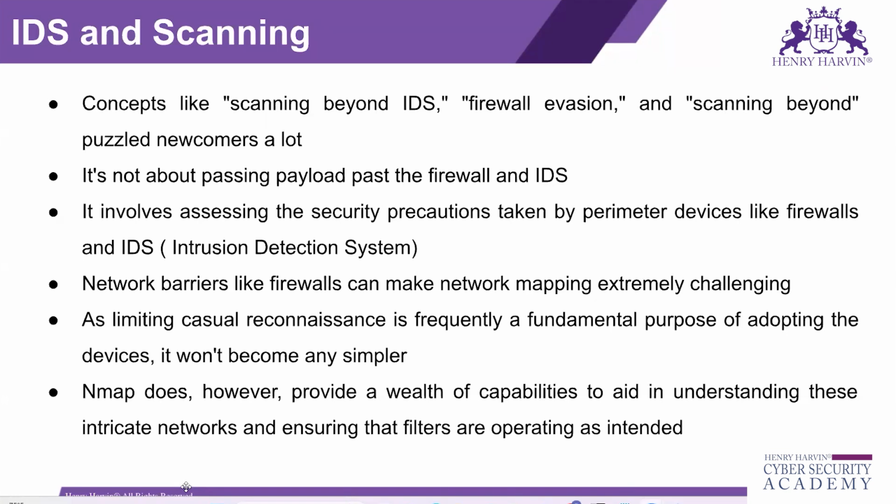Now, we will go back to the theoretical part. Here it is written, concept like scanning beyond IPS, firewall, finding the firewall. Apart from that, if you know there is a firewall, there are certain methods we can use for firewall bypass.